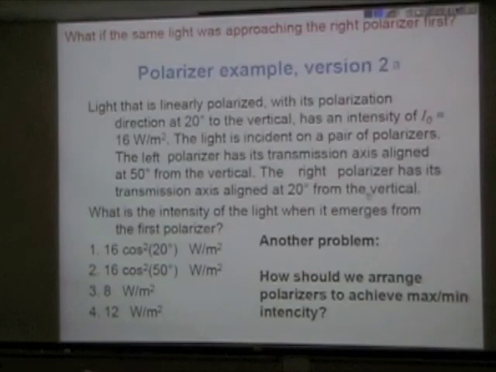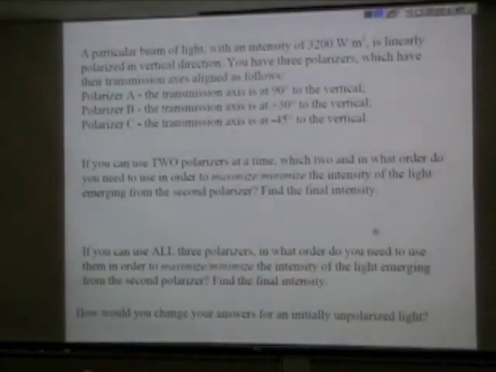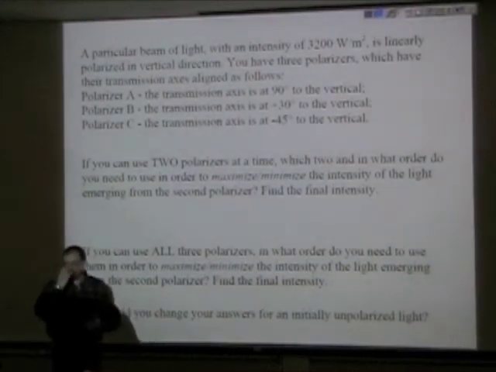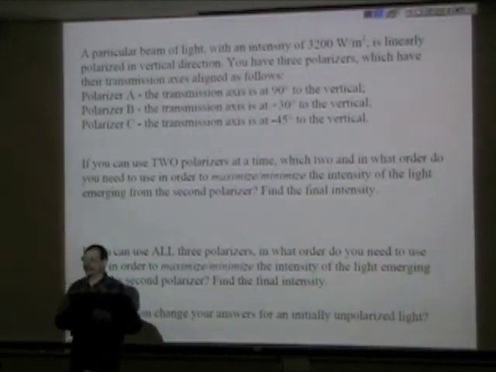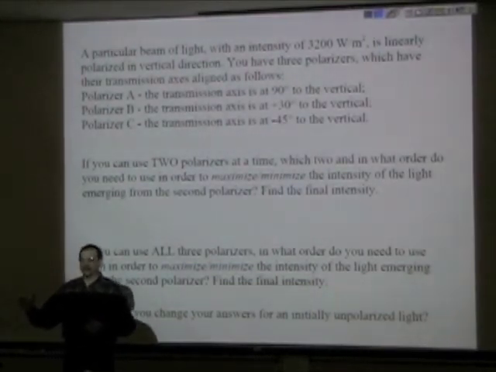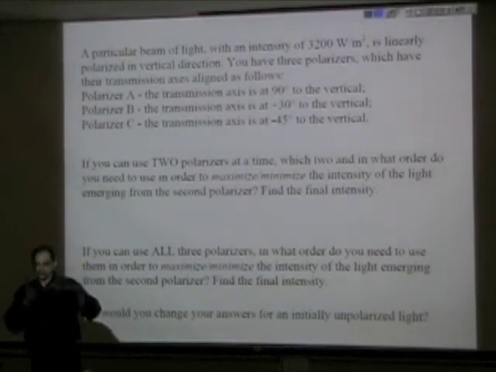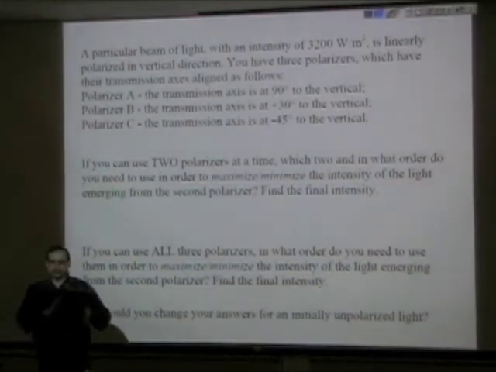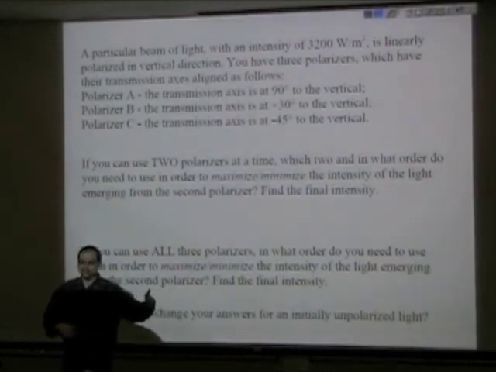Now, this is another possible situation to consider. In our examples before, we had to solve a straightforward problem. There is a light of a specific polarization, specific intensity, polarizers, again, with specific orientations, and we want to figure out what's happening in the end.